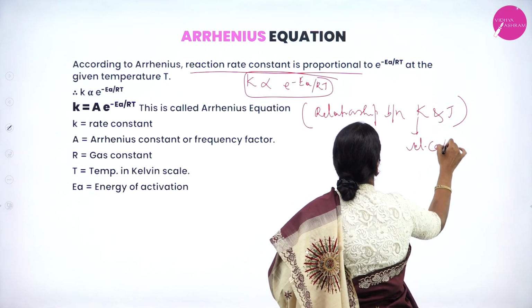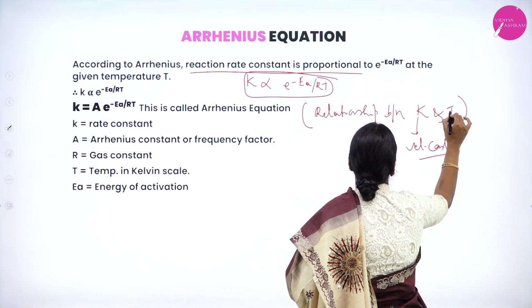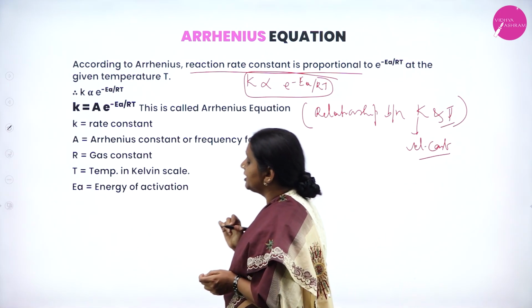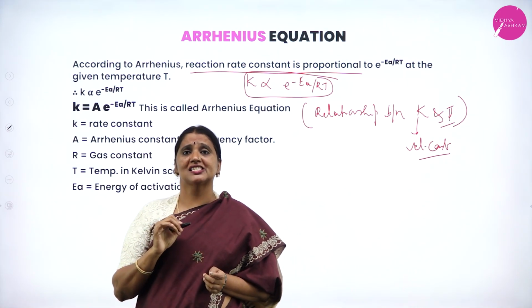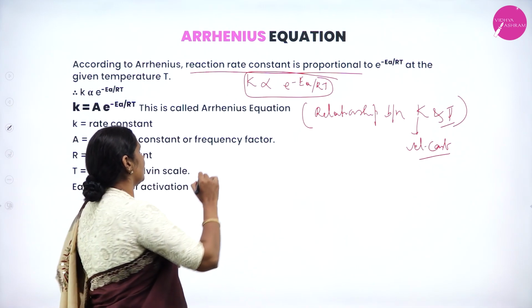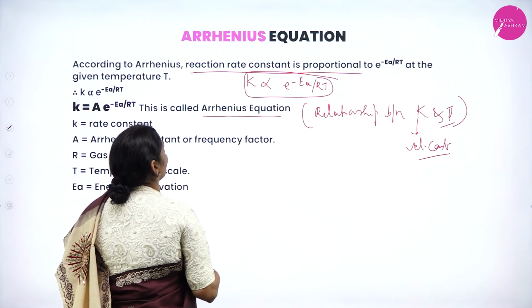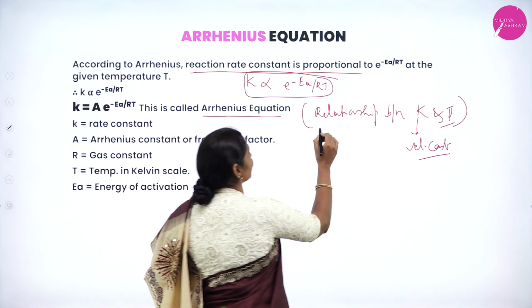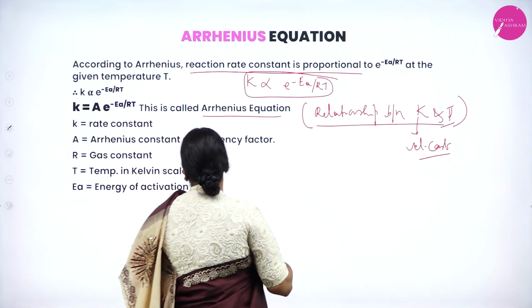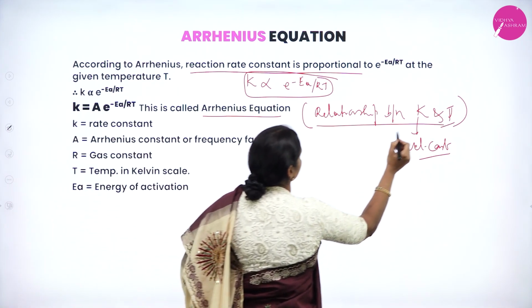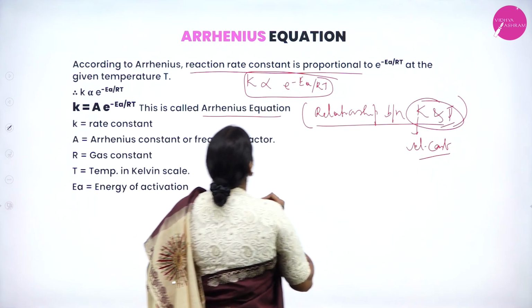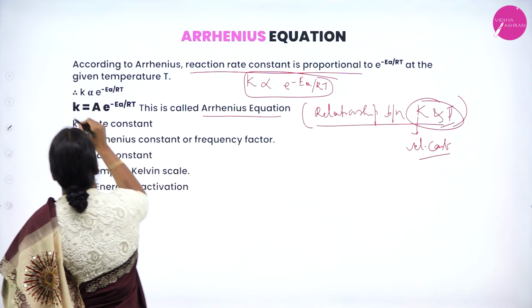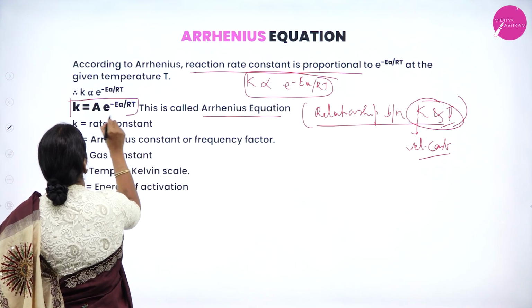K is velocity constant. T is temperature. What is the significance of the Arrhenius equation, my dear student? The Arrhenius equation gives the relationship between K and T.